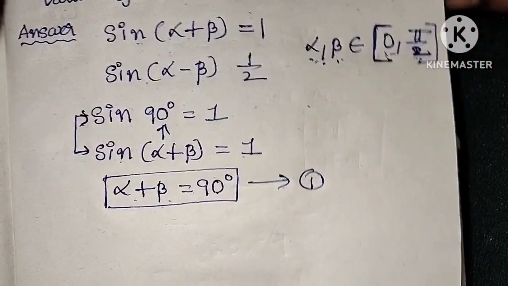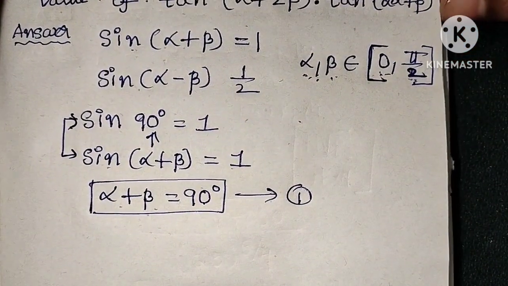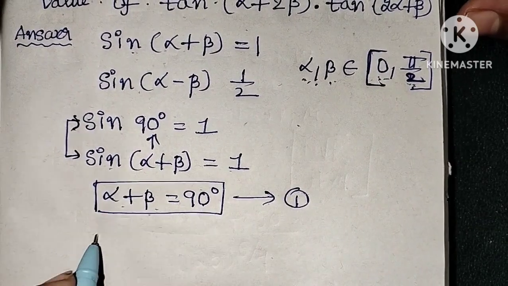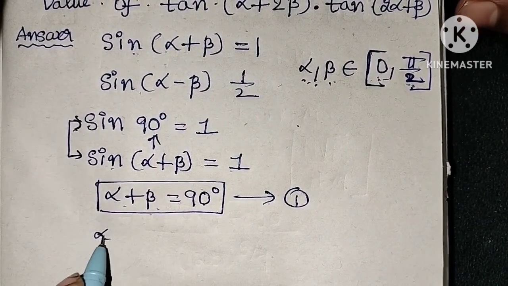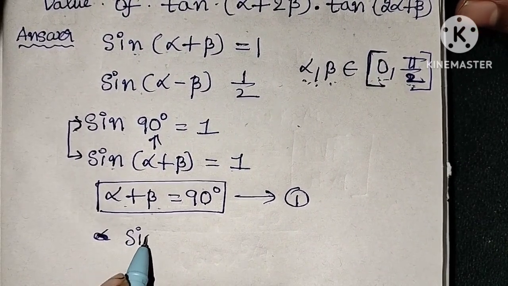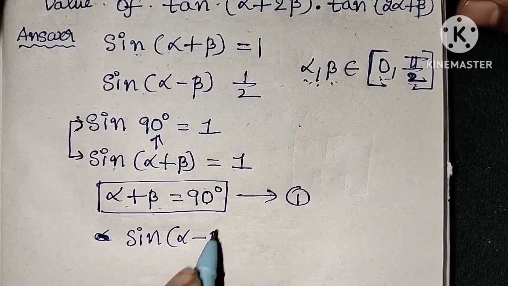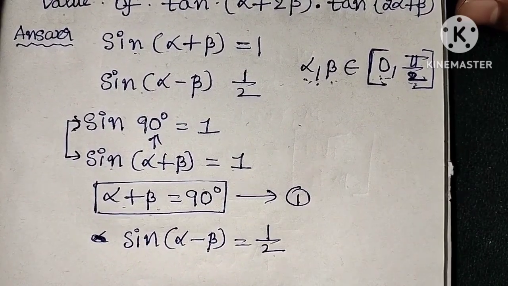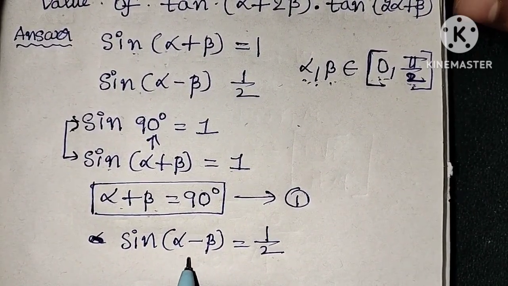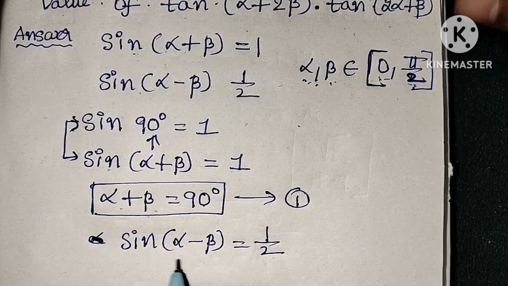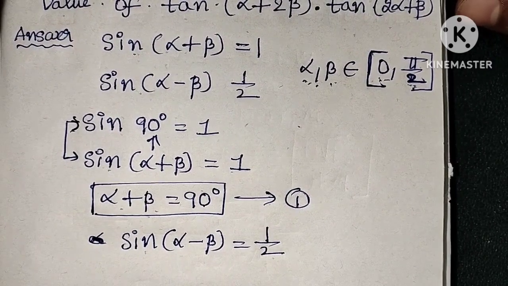Similarly, what is the second condition? Here my second condition is that sin(α−β) is equal to 1/2. For what angle do we get sin equal to 1/2?